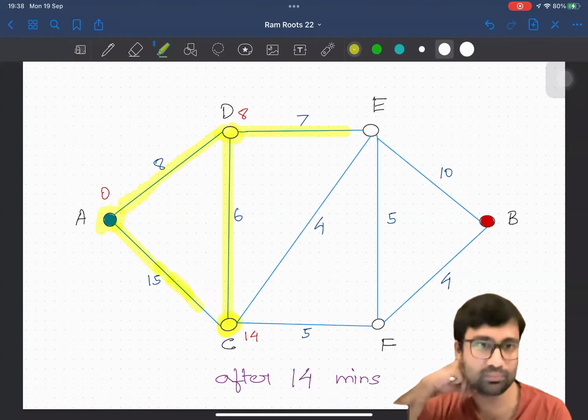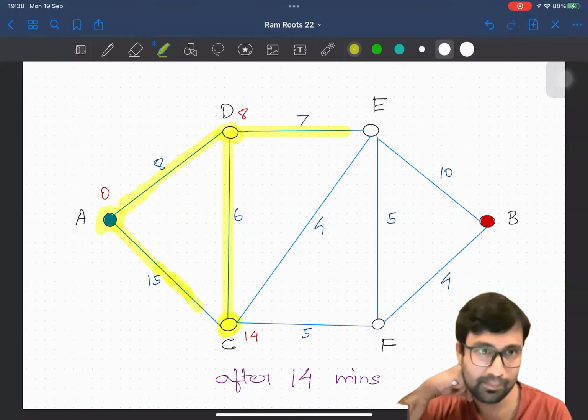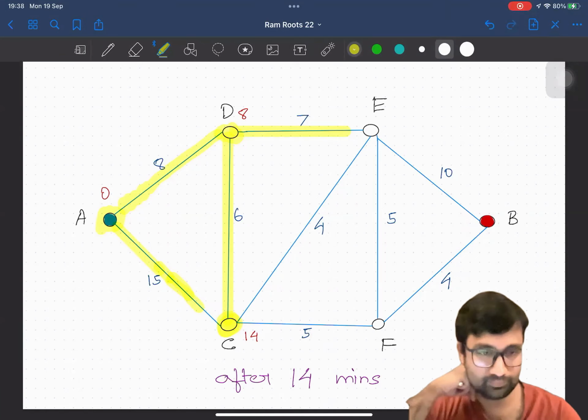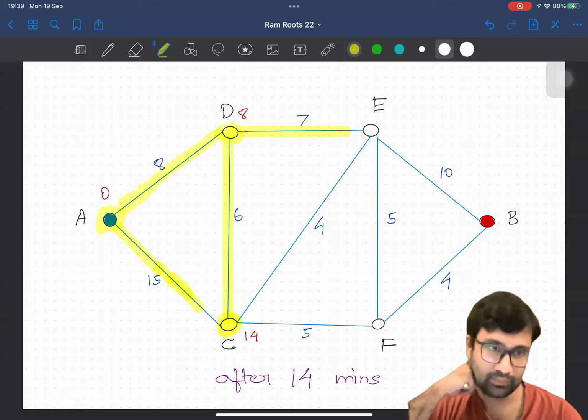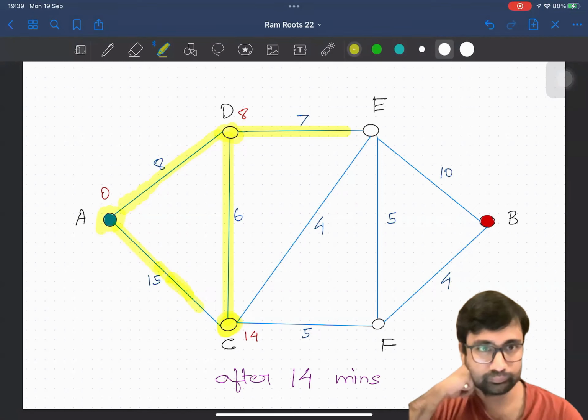Sir, after 14 minutes, after 8 minutes it spread fully through D, and 14 minutes is the addition of 6 minutes. Correct. So it will spread through C and it will almost spread through E.